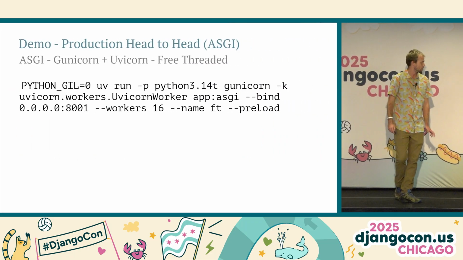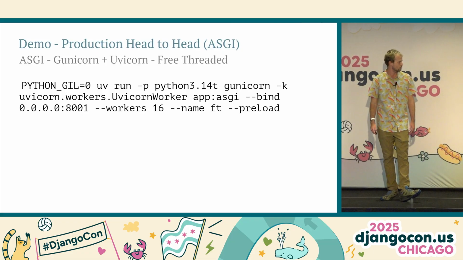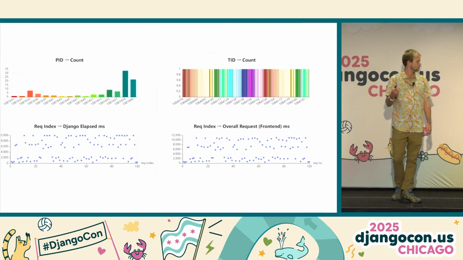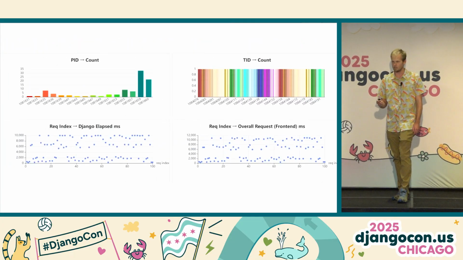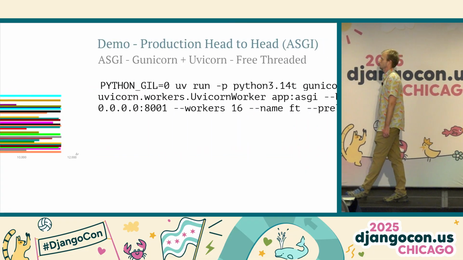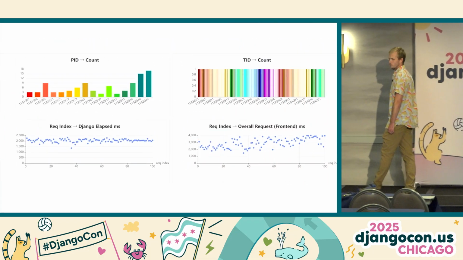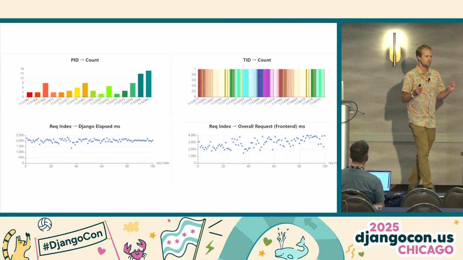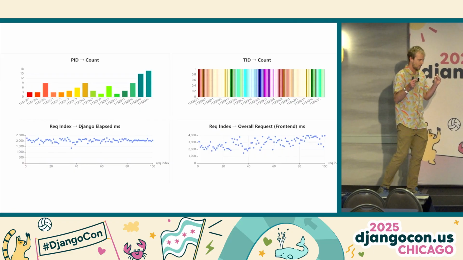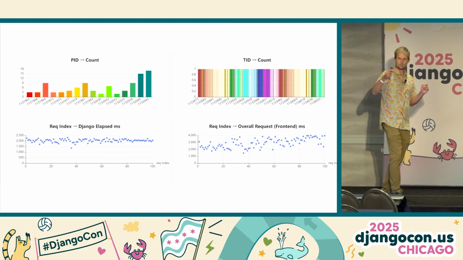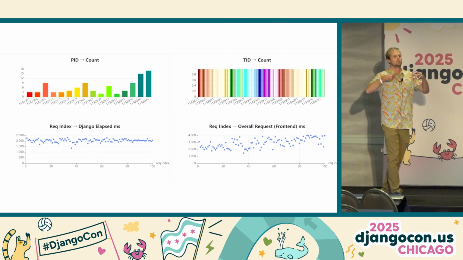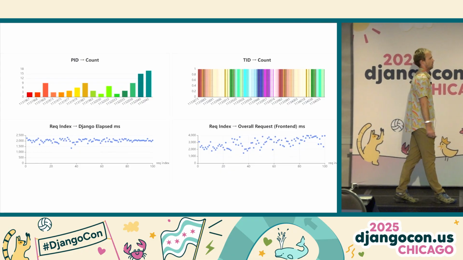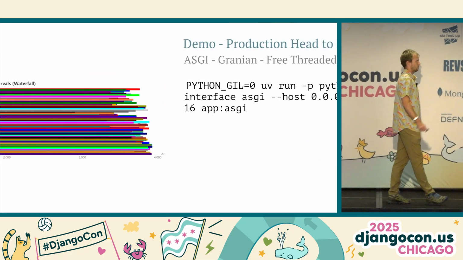And the next thing we ran here was, let's do that, but in free threaded mode. If you look at the bottom left there, that's request times all over the map. That's because of the GIL. If you look at it in free threaded mode, you actually see very consistent performance, even with async. And to be clear, this is a CPU-bound async endpoint that calls sync to async and awaits this really CPU-intensive password hashing thing. Okay, so that one was pretty consistent.